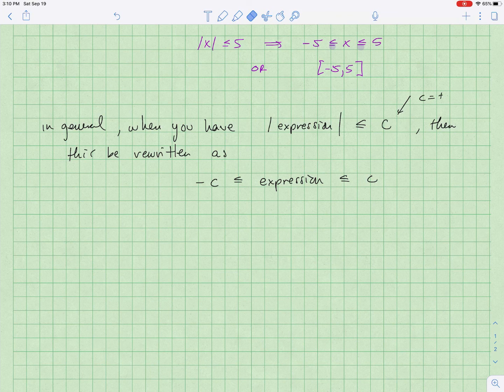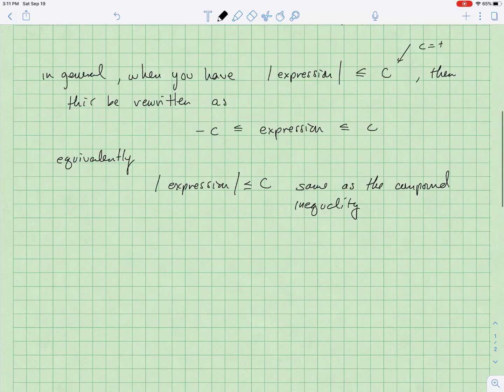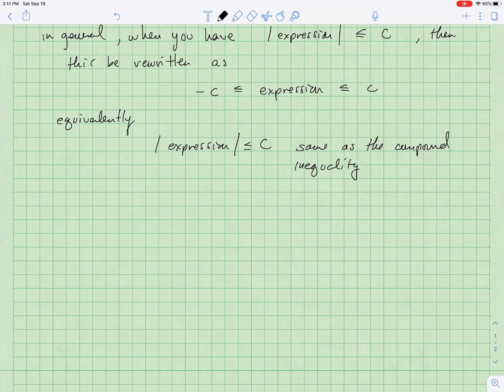The other way to look at this is equivalently, the absolute value of an expression less than or equal to c is the same as the compound inequality: the expression is less than or equal to positive c, and the expression is greater than or equal to negative c.